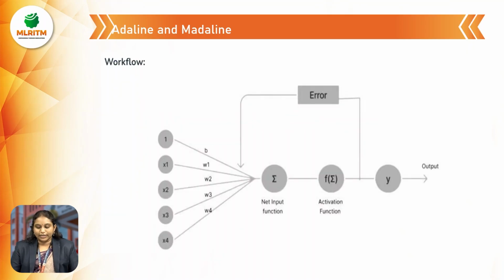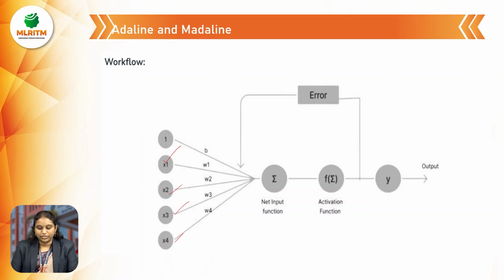If you see the diagram of ADALINE, where we have the workflow, here we have inputs like 1, x1, x2, x3 and x4. For every input value, weights are carried through the layer.